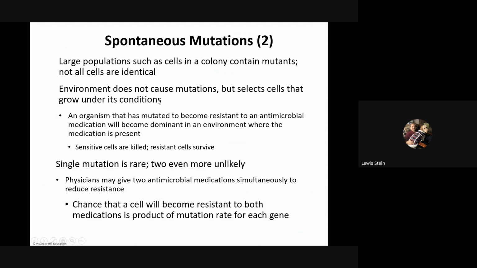So I think it's a misstatement to think the environment does not cause mutation. If we have an overabundance of sunlight and we didn't have adequate cloud cover, theoretically that would certainly cause different kinds of mutations. So without getting into the evolutionary aspect of it, we look at these.